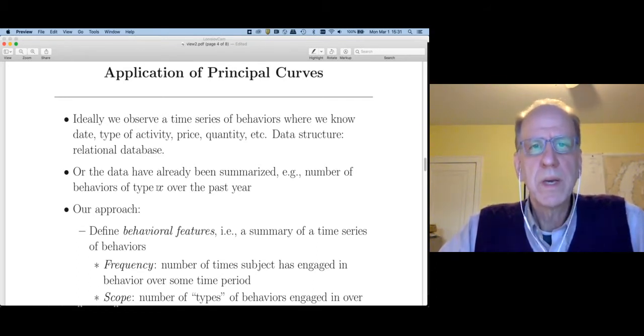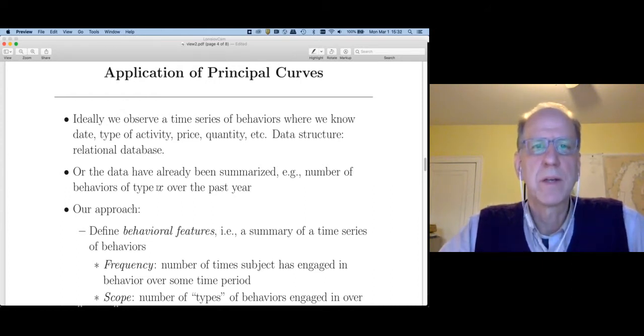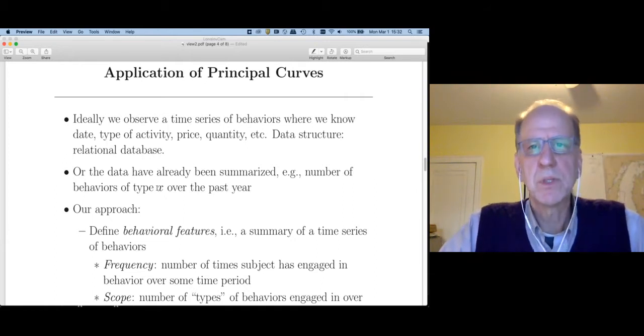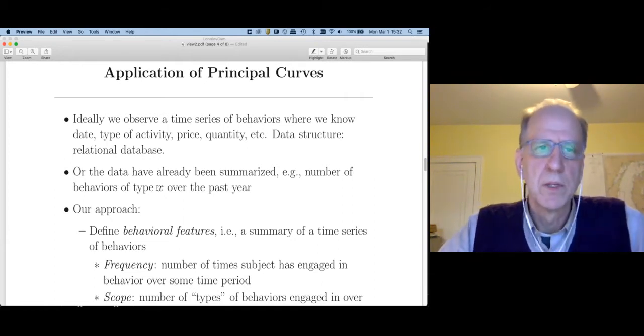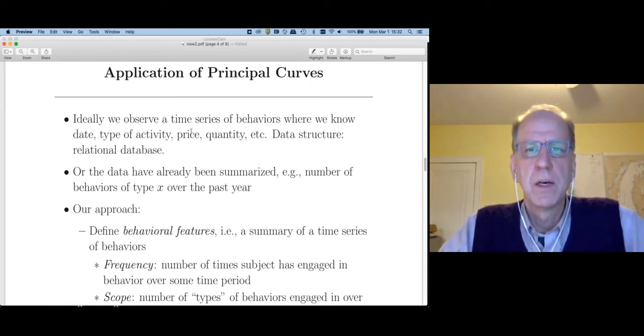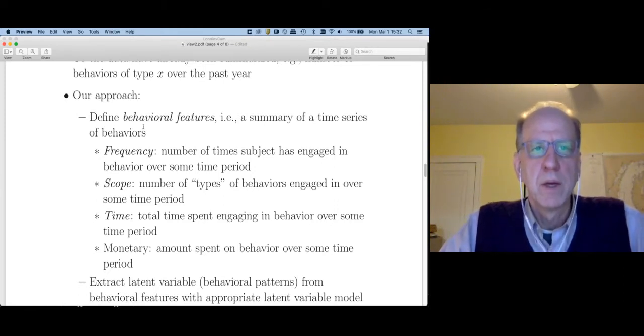So whenever we have big data and I observe the behaviors of my customers or sampling units on a variety of dimensions, we have to summarize that time series of behaviors. So we typically count or sum variables over time. A co-author, Bobby Calder, and I called these behavioral features.